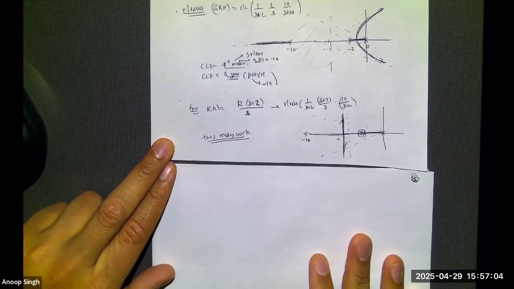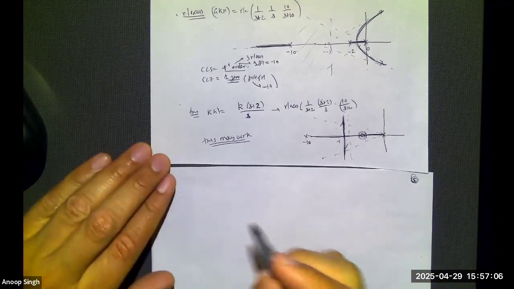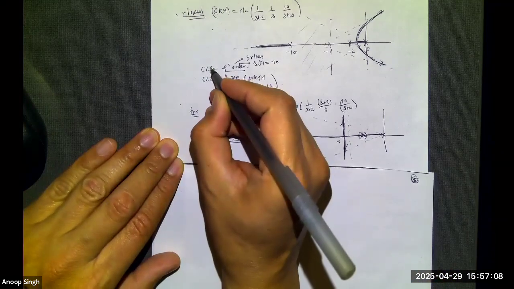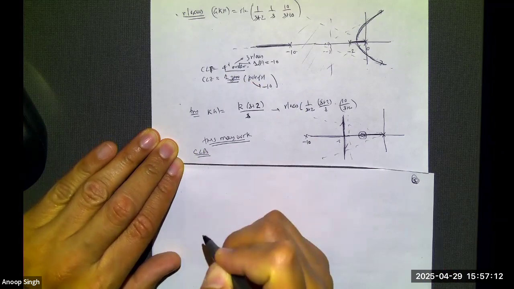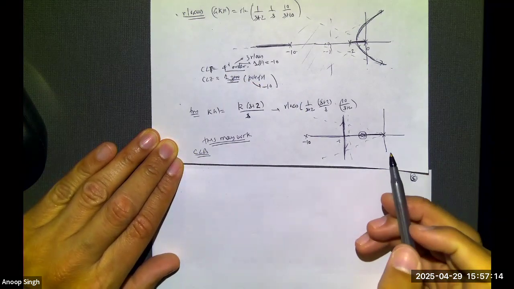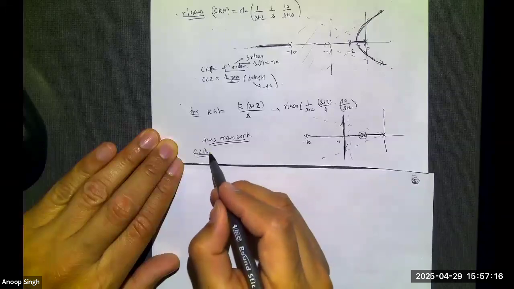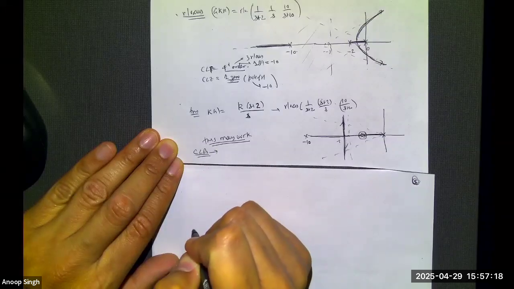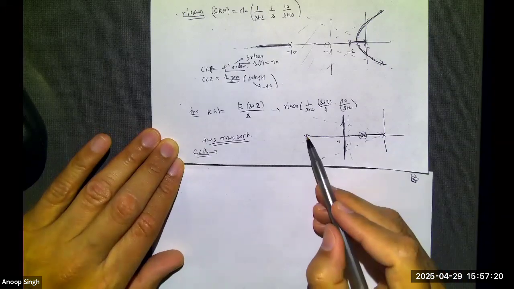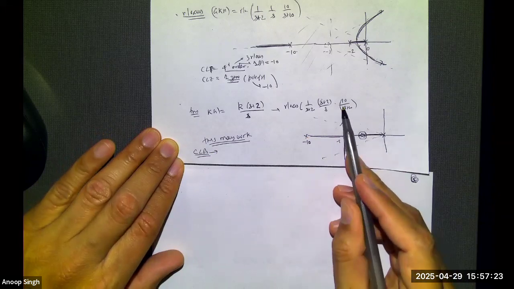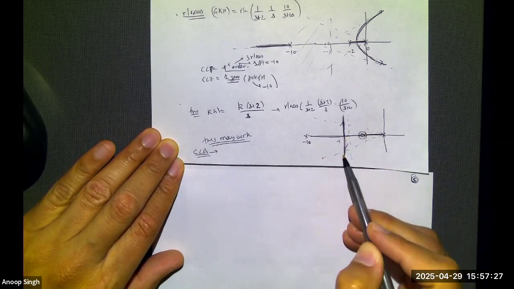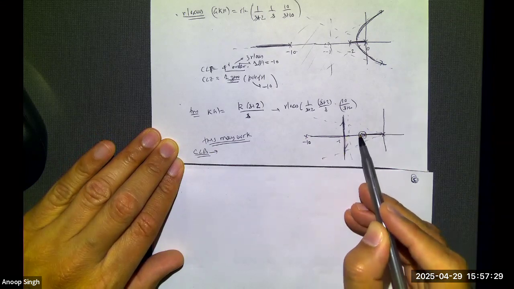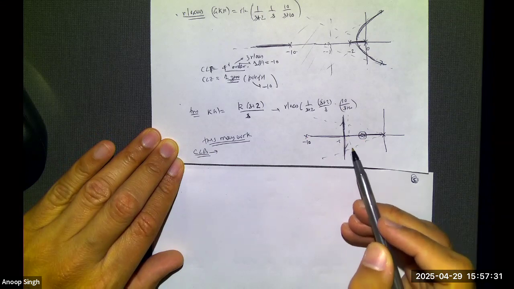Okay, so let's give a quick check on this system. How many closed loop poles are there now? There'll be one closed loop pole going like this, another going like this, and a third closed loop pole.